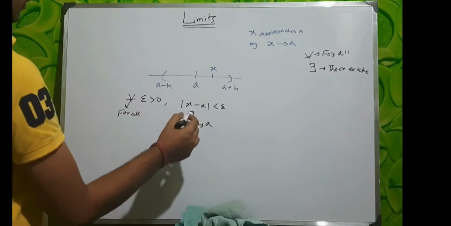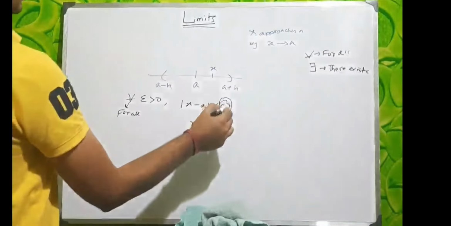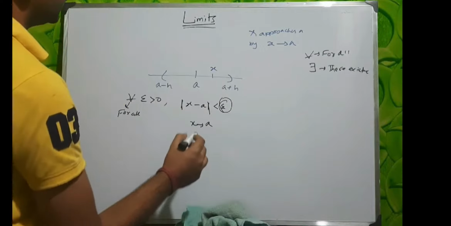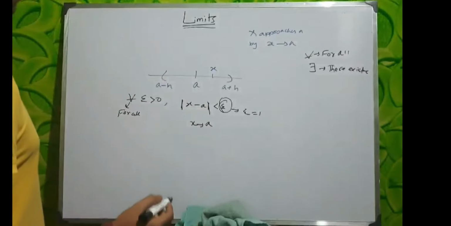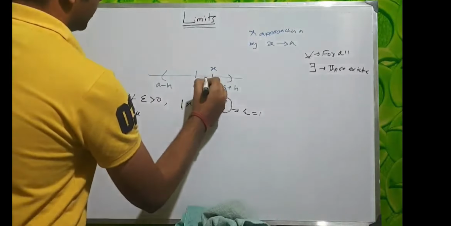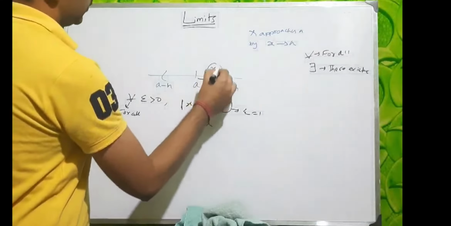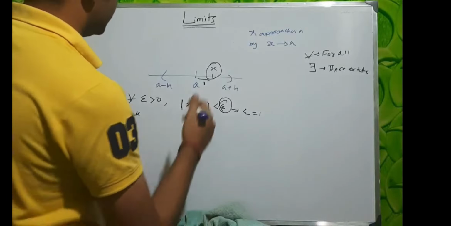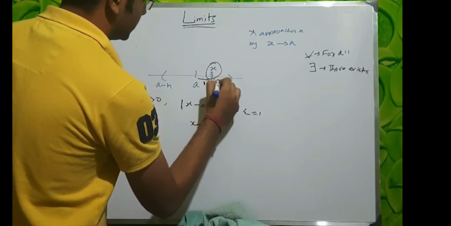The main thing to note here is epsilon. The mod is nothing but the difference. You can take epsilon as 1, so maybe there's a gap of 1, and that works. Let's say your x varies in this portion.